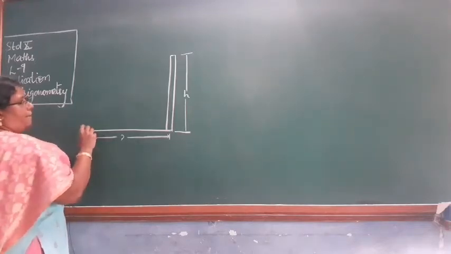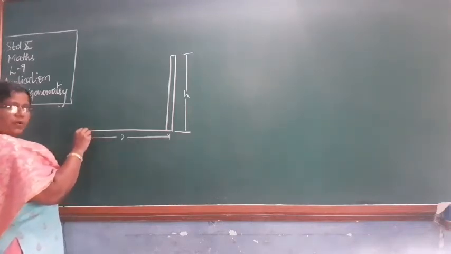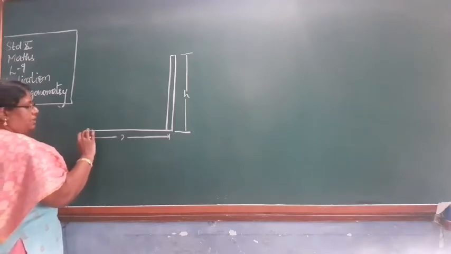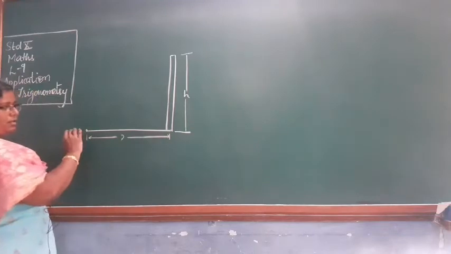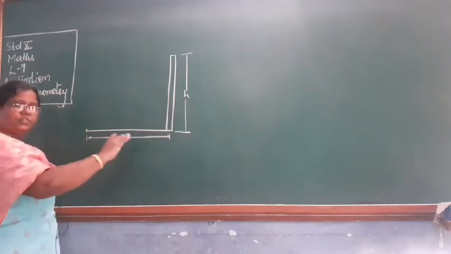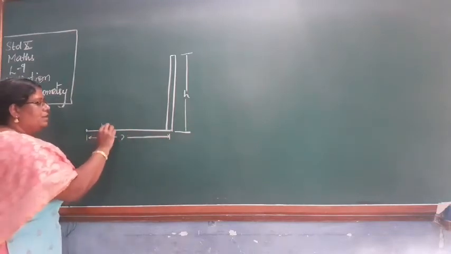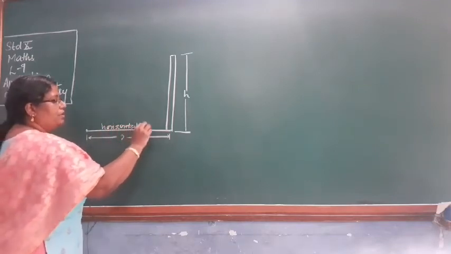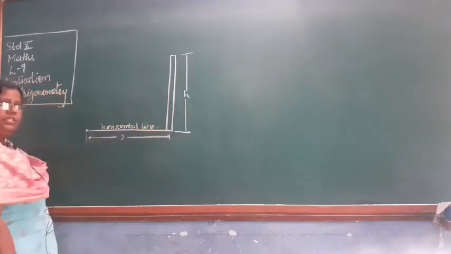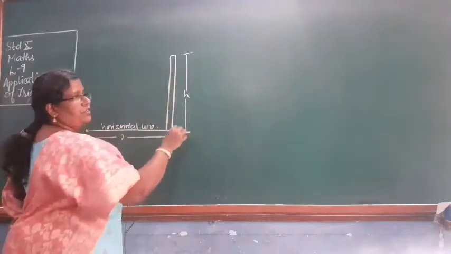Now, when I say this is my observer, then with respect to the observer, the line which is parallel to the surface of the earth would be called the horizontal line. This is the height of the building.